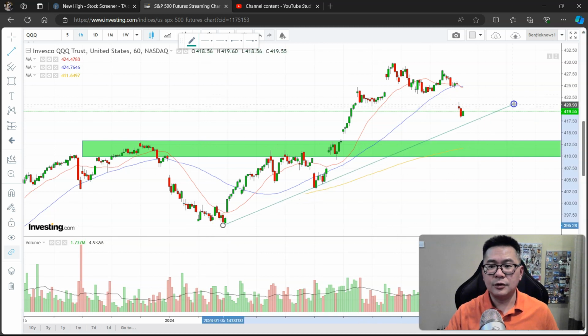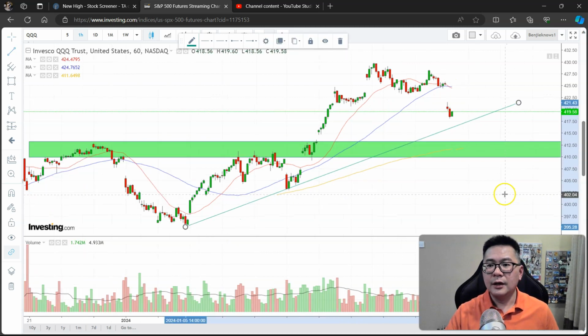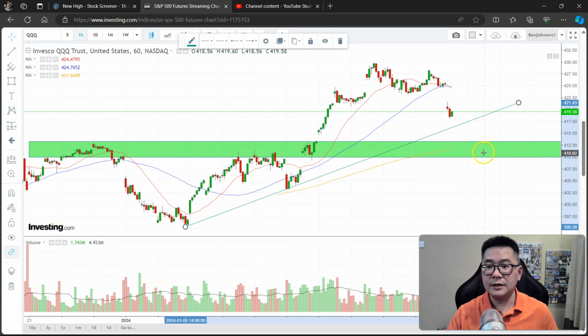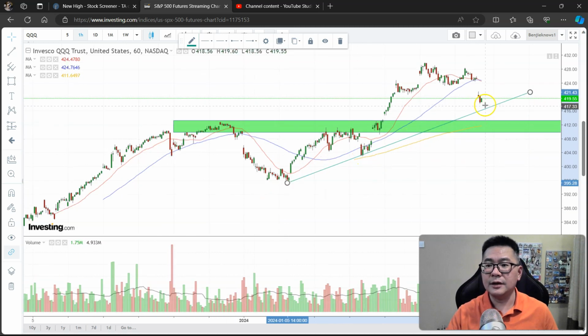We can draw an uptrend line here. Since it has dropped below the 50 MA, don't long stocks for the short term at the moment. You might want to see it stabilize around here, maybe at the 60-minute 200 MA. The uptrend line here is another gauge. If it drops below this uptrend line, you know it's going to fall to this area.